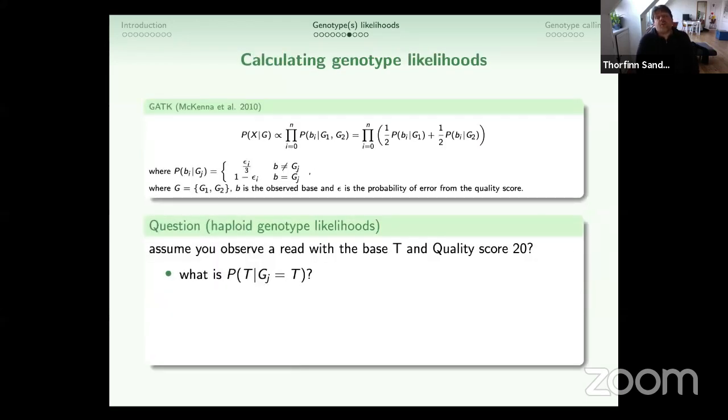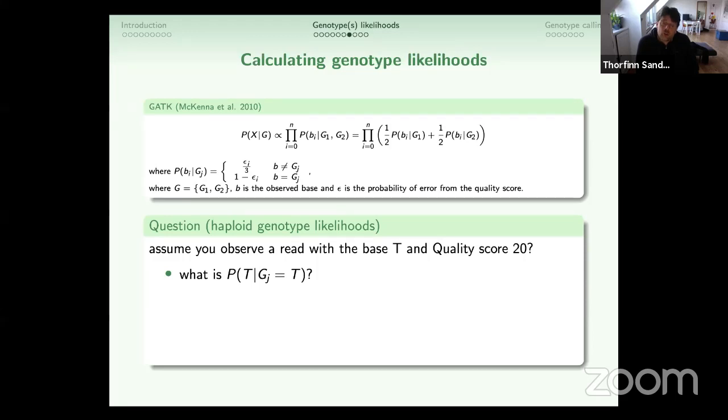The first method, which was used in GATK, which came out in 2010, is the most basic version, which is also the one that is used the most these days, I think. This is where you are just using your quality scores directly and calculating the genotype likelihoods without any sort of error correction or anything fancy.